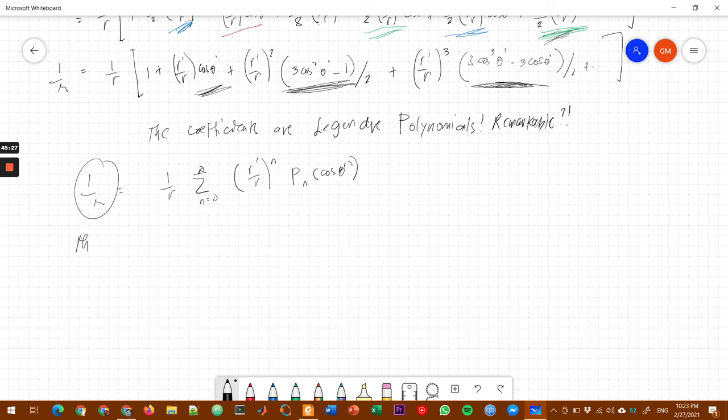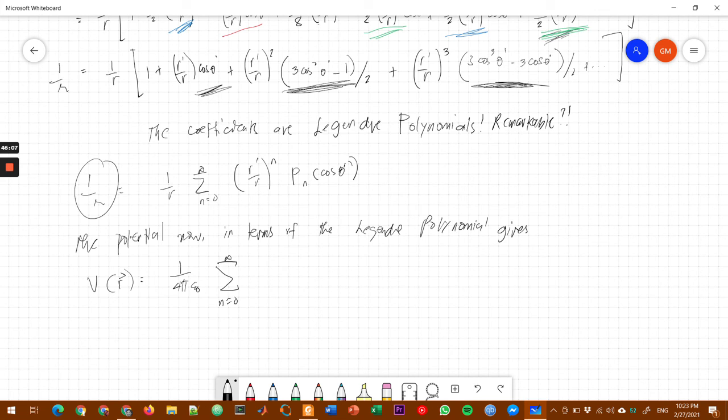So the potential now in terms of the Legendre polynomial gives this one, the 1 over 4 pi epsilon naught, okay, so I have 1 over r to the n plus 1.